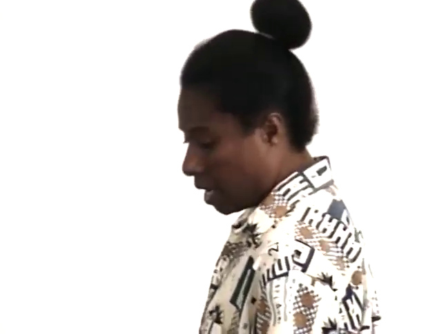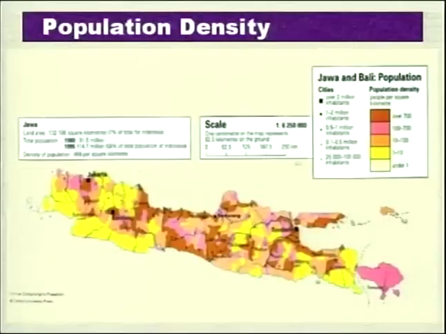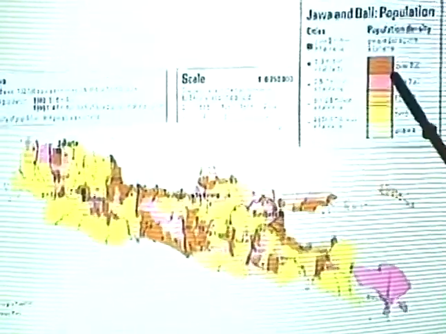On the monitor, the same map is given, again showing us the population distribution and density. The dark orange color area shows us people over 700 per square kilometer. Okay, so this one is per square kilometer, over 700 people per square kilometer.